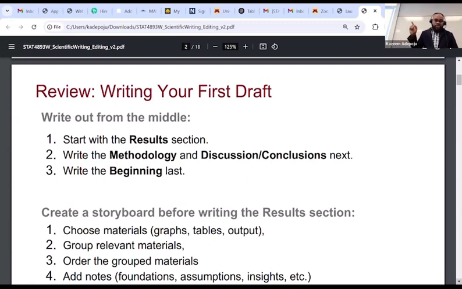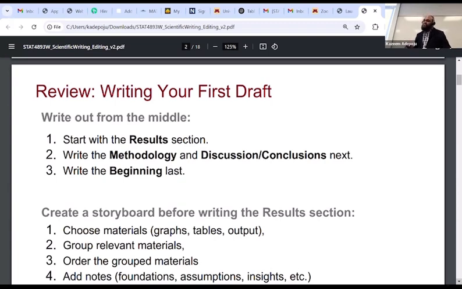Okay. So once the core sections are complete, the core sections being the result section, the methodology and the discussion section, the next thing you are going to do is the introduction and the abstract. And I'm going to tell you what you need to do in the introduction and what you need to do in the abstract.